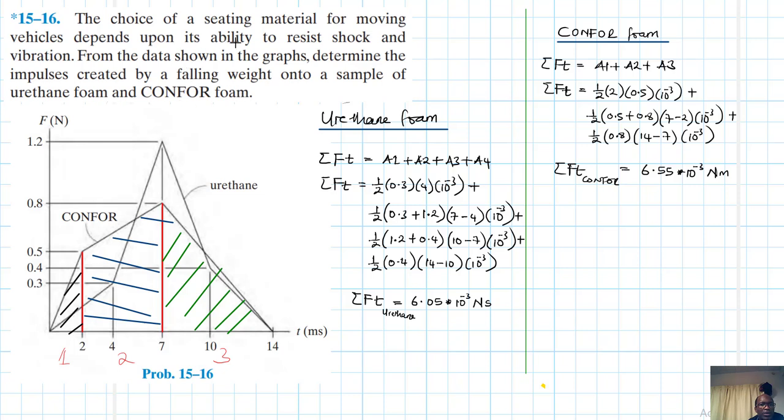Which of the two materials do you think has the highest impulse, the one that can resist a large amount of shock and vibration? Of course, it is this one. So this one can resist a high magnitude of shock and vibration, right?